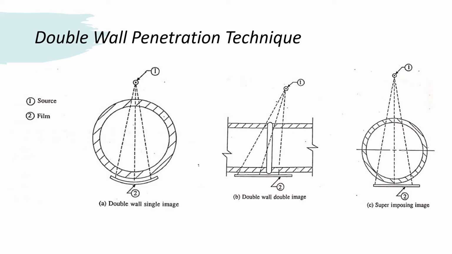Thereby, the source side weld is superimposed on the film side weld. The IQI or image quality indicator is positioned on the source side. This requires a minimum of 3 exposures, each at 120 degrees apart, to cover the entire length of the weld. So students, these are the double wall penetration techniques.